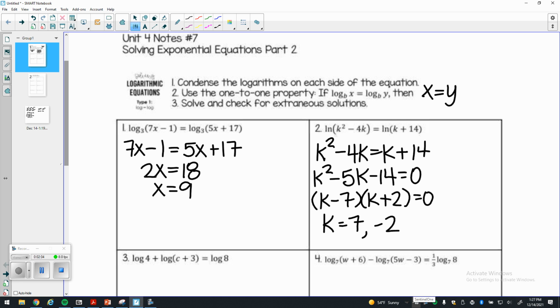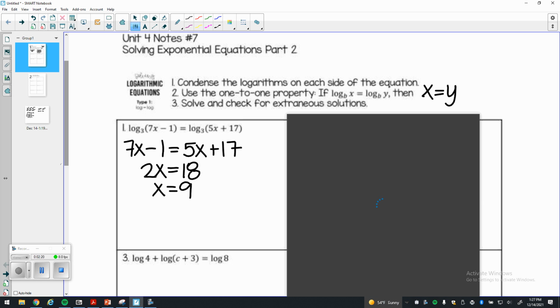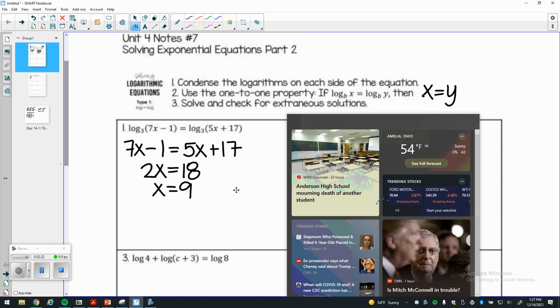So you gotta plug it in. 7 squared is 49, right? Plug it in. 49 minus 28, 21. 7 plus 14, 21. That one works, yes? Negative 2 though.